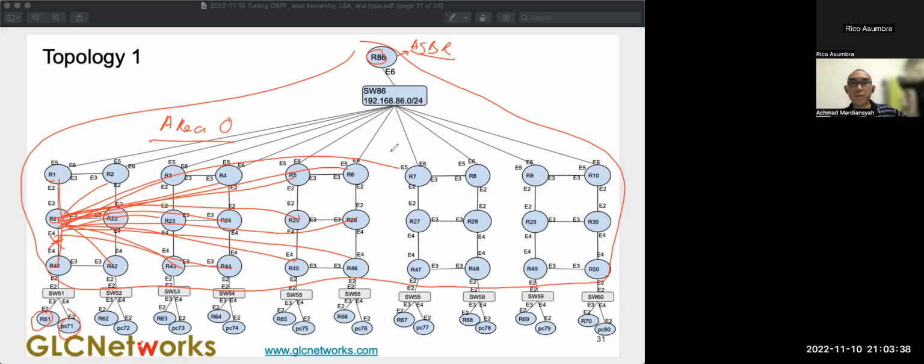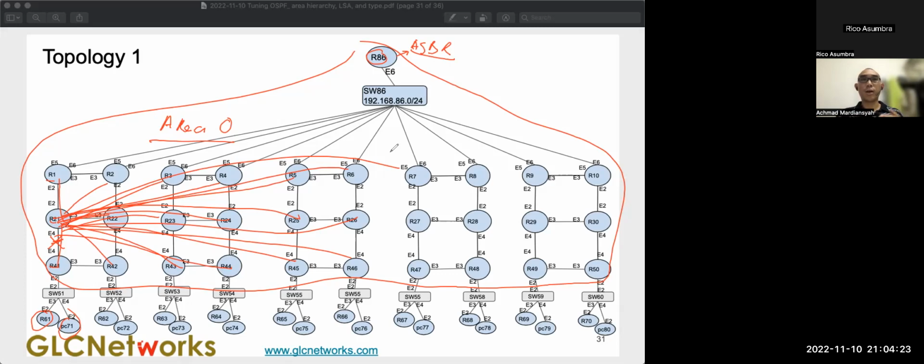Especially if you are using PPPoE, sometimes if you put the PPPoE network into your OSPF, some of you might do that. When the customer logs in or is authenticated, they will get an IP address, and at that time we can say that one link is established. When the PPPoE client is established, it means that there will be one virtual interface created in the MikroTik.